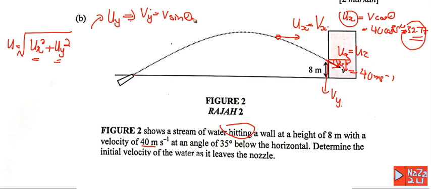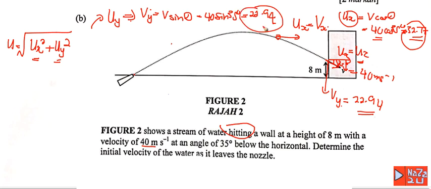Theta is 35, v is 40, so this is sine 35. If you use the calculator here, the vy is equal to 22.94. This is vy, and this is vx.